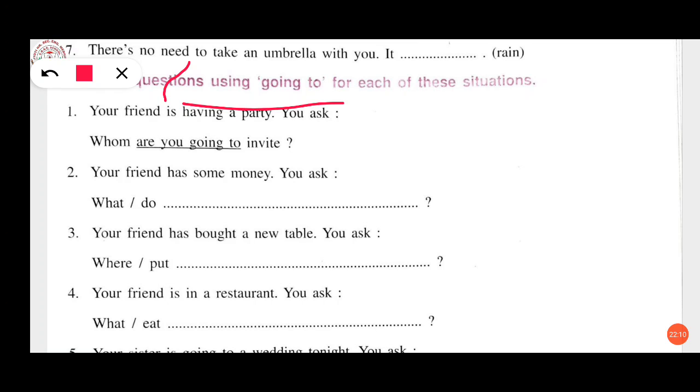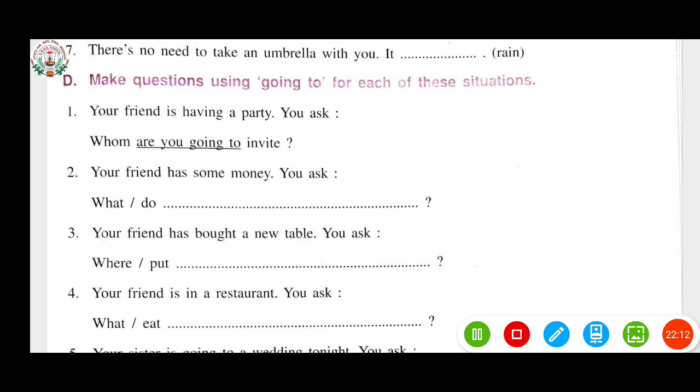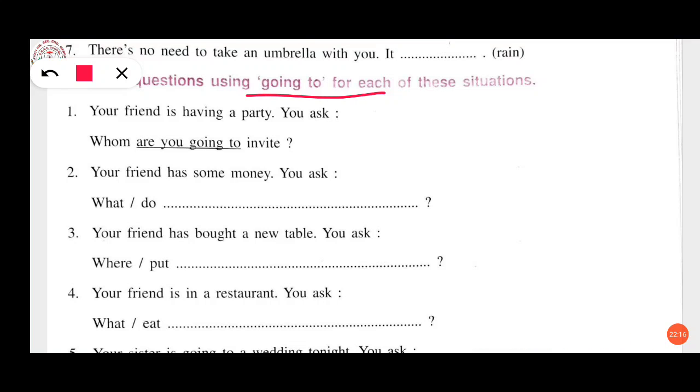Then D1, make questions using going to for each of these situations. That is, make questions using going to. You have to use going to for each of the situations given. Let's start. First one, your friend is having a party, you ask, whom are you going to invite? Like the second one, your friend has some money, what will you ask?